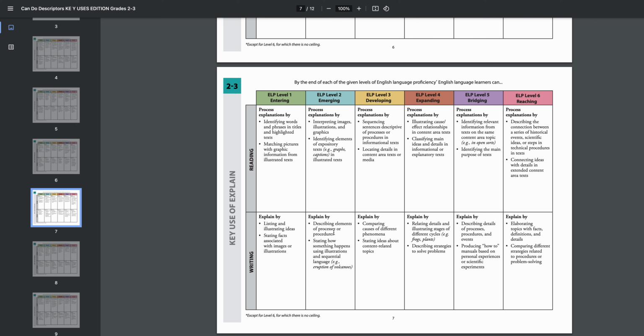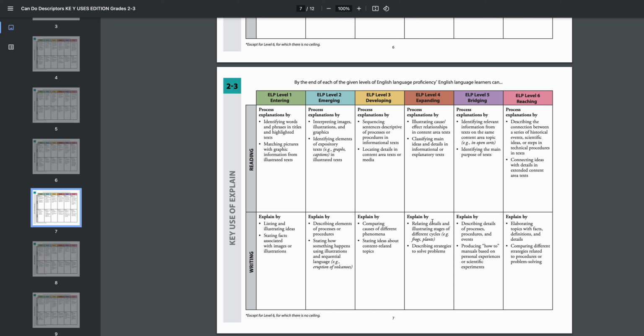If they're level 2, that means they're getting some English and they can describe elements. I can see sentence frames working with that, or state how something happens, right? That would work with our photosynthesis lesson. By the time you get to level 3, a student should be able to state ideas about content-related topics.